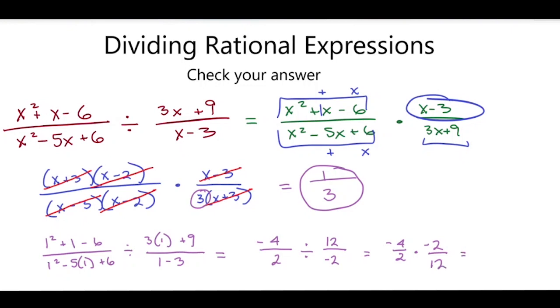Well, if I just multiply straight across, that leaves me with negative 4 times negative 2 is positive 8 over 2 times 12 is 24. And I can divide those both by 8 to reduce the fraction, and I'm left with 1/3. So that means that on this one, the answer is 1/3.